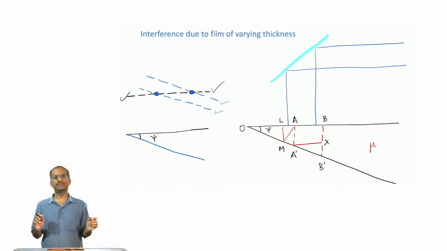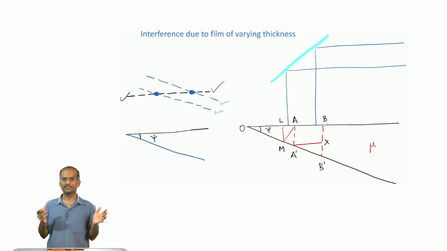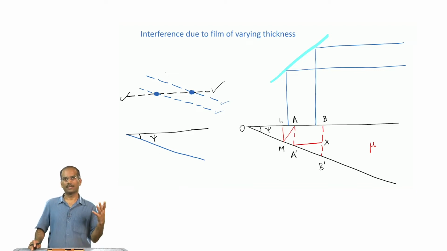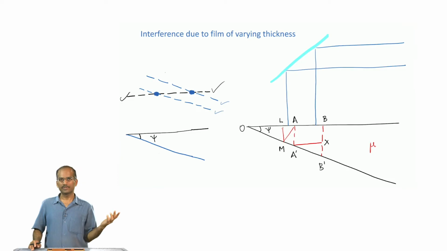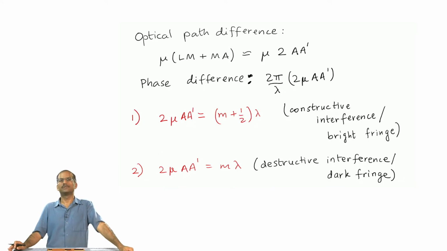This is equivalent to saying that the wedge formed of this glass with refractive index mu has an angle psi that is really small. Typically these kinds of things are formed with thin films where the angles are very small, so that this approximation holds good. In that case, the optical path difference is just the refractive index multiplied by 2 times AA prime.